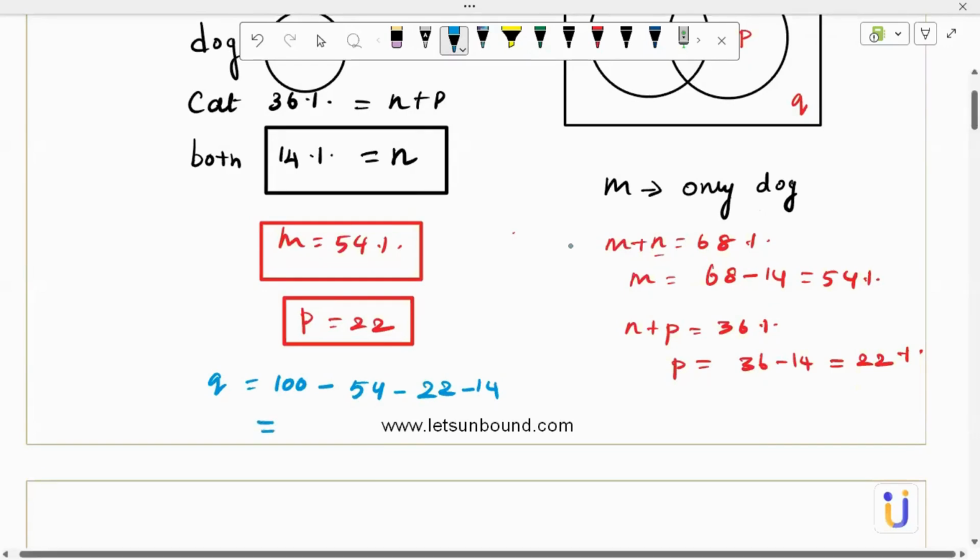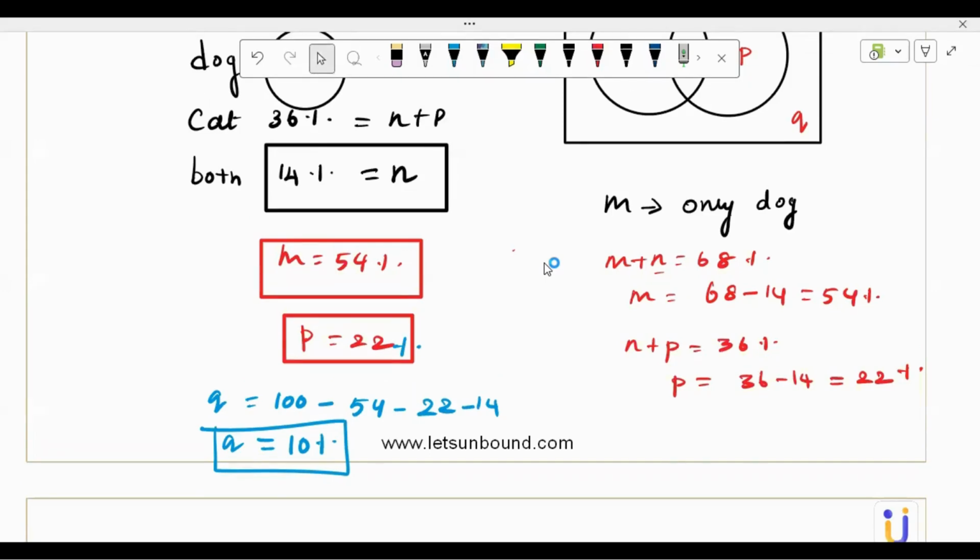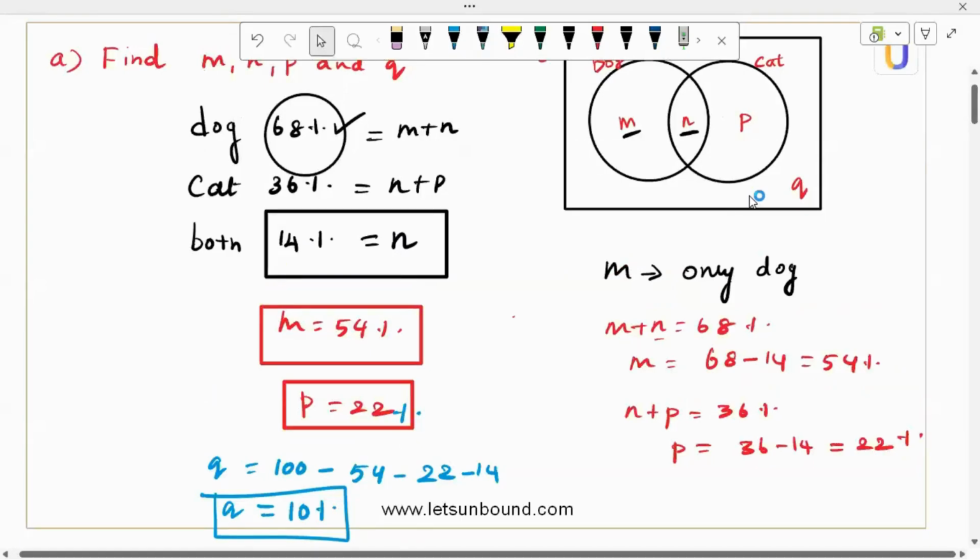So 100 minus 90 is 10%. So these are the values, everything in percent: M is 54, N is 14, P is 22, and Q is 10%. That's simple, and this is going to help the upcoming problems.